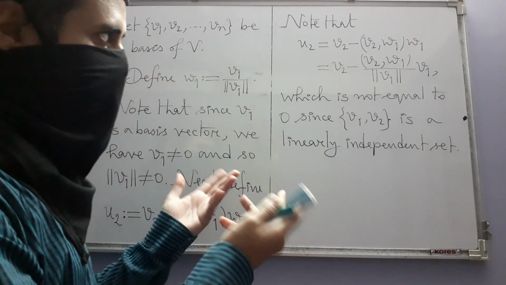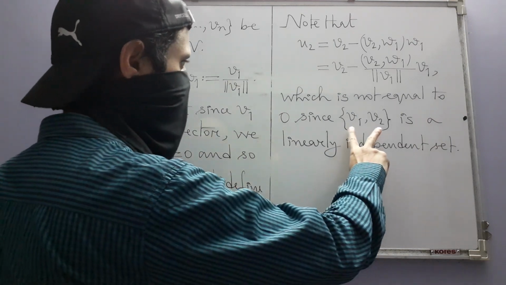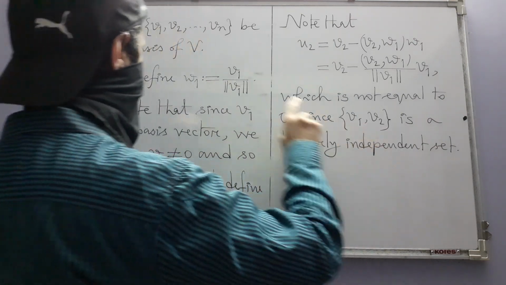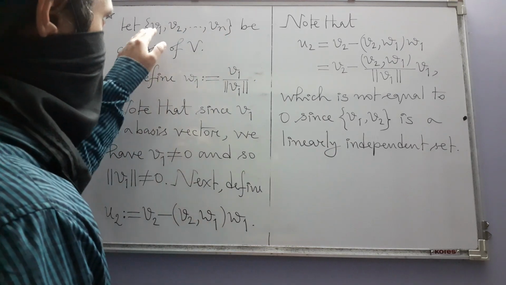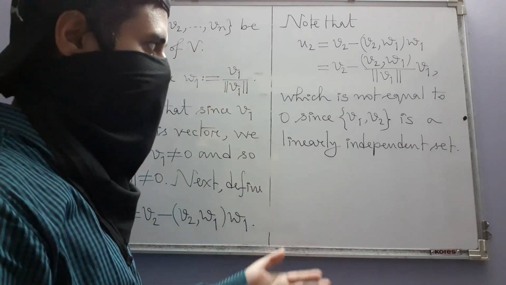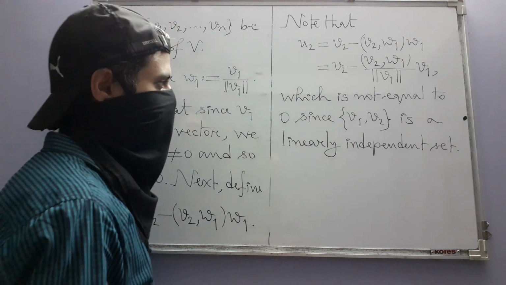Okay, why? What is the reason for that? We know why this is linearly independent, because this is a basis for V. So this set itself is linearly independent, so any subset is also automatically linearly independent.